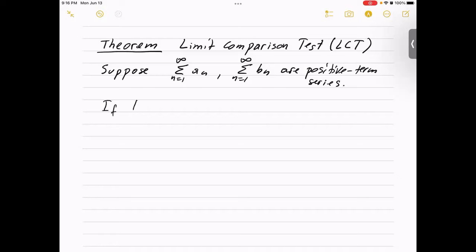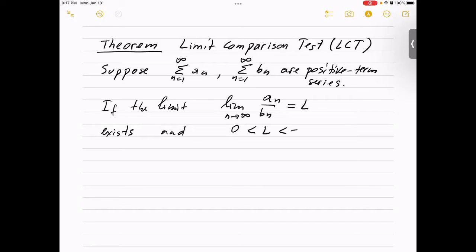So what we do is we take the ratio of a_n divided by b_n, take n approaching infinity, and we assume that the limit exists and equals L. We assume that L is not too big and not too small, so a finite number which is non-zero.